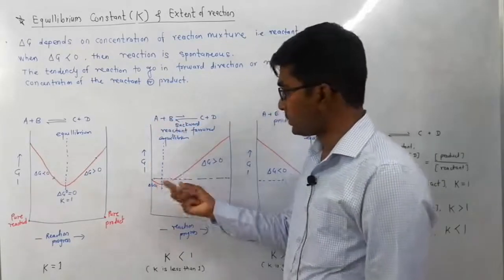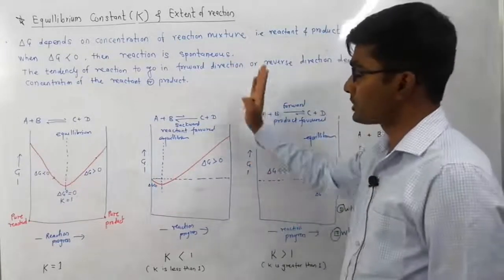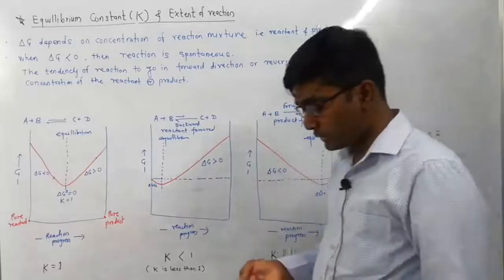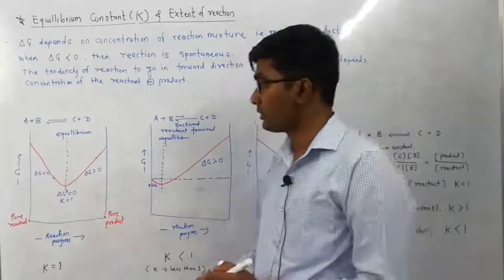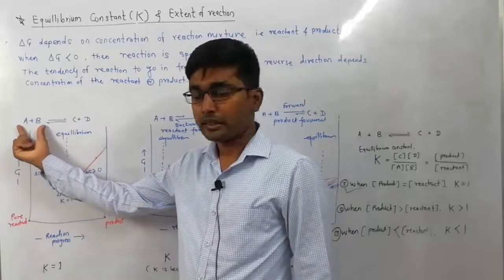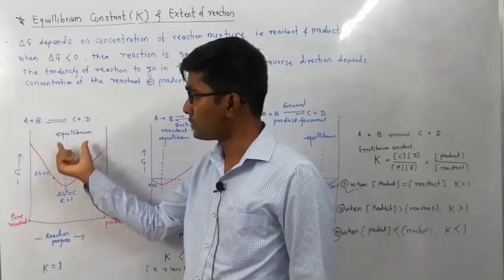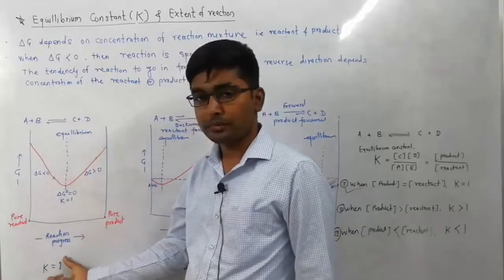So these are the three conditions we have seen in this lecture: equilibrium constant and extent of the reaction. What you must understand is that the more stable reactant or products give rise to the corresponding equilibrium constant value.